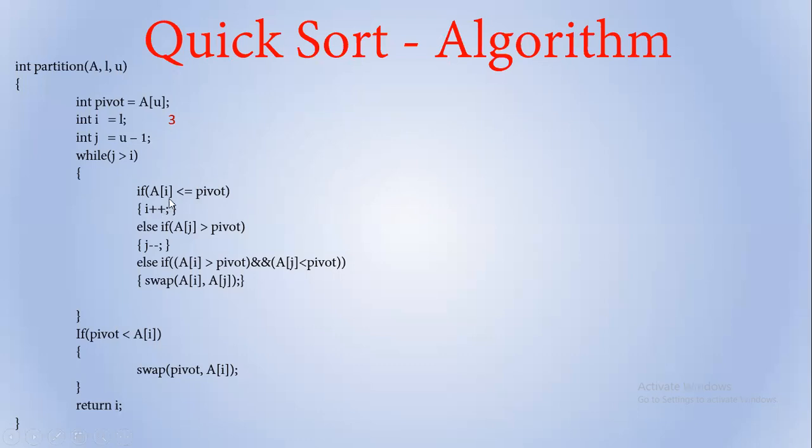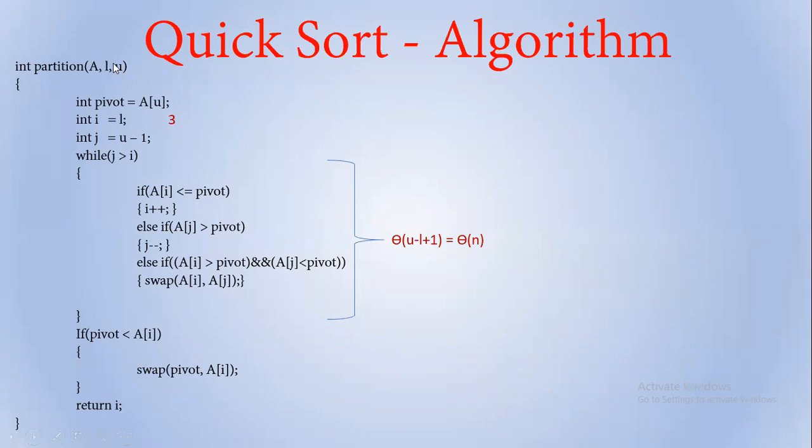At one time, only one of these will be true. So the total will have the size of the array. So what is the size of this array? If you have L equals 0 and U is equal to 4, the size of the array is U minus L plus 1. Why?